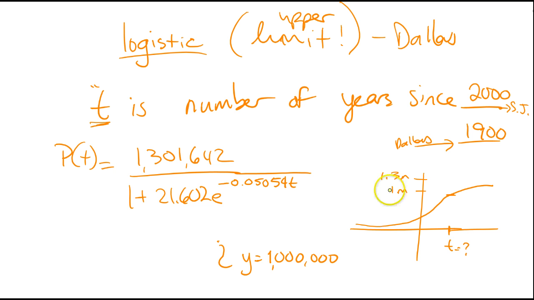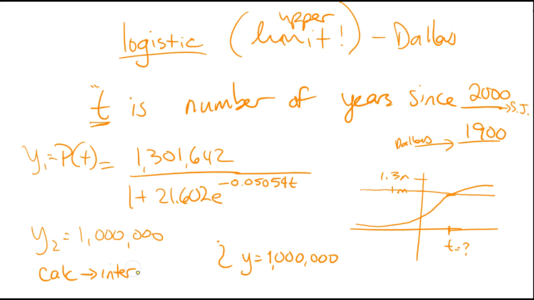If you put this into your calculator, then you can say that this is y1, and the simple way is to do y2 equals 1 million, and then find the intersection of those two lines. You'll be able to solve this and actually do the math on this when we get to the logarithmic equations, the logarithmic section, which is next.